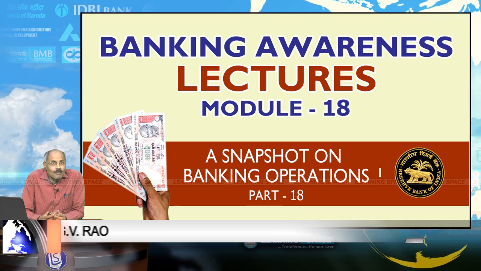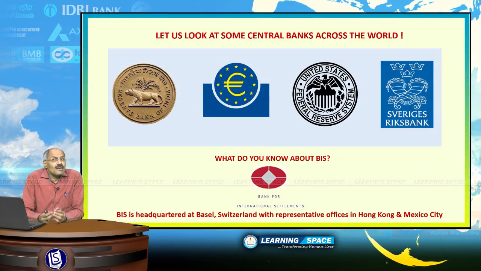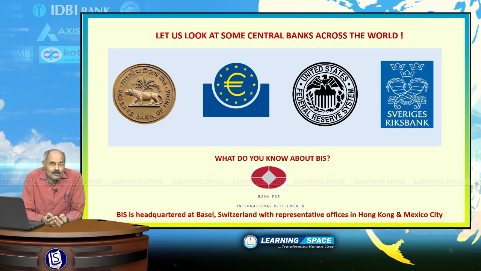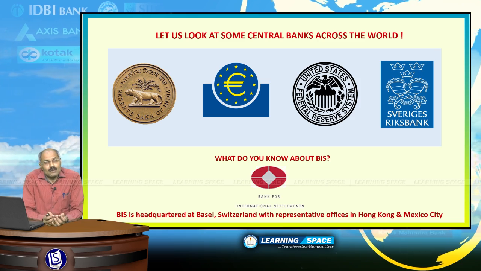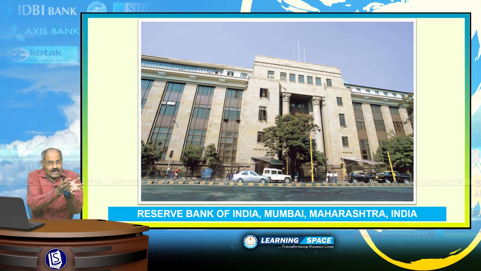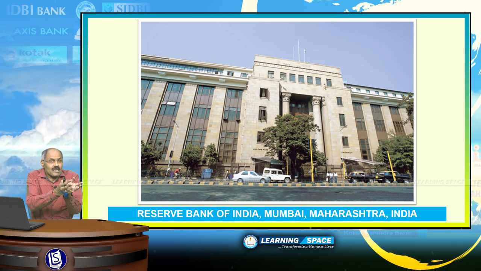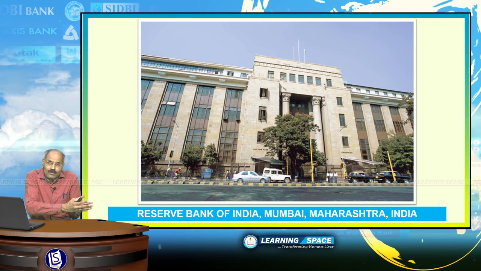Before understanding the purpose of Reserve Bank of India, here I gave 4 examples, 4 such central banks across the world. First one is Reserve Bank of India. We are going to discuss details about Reserve Bank of India.